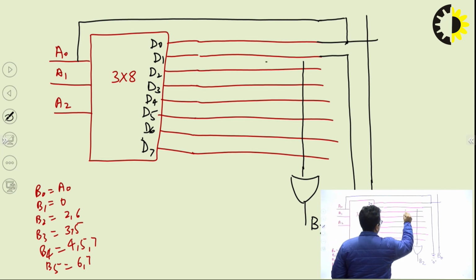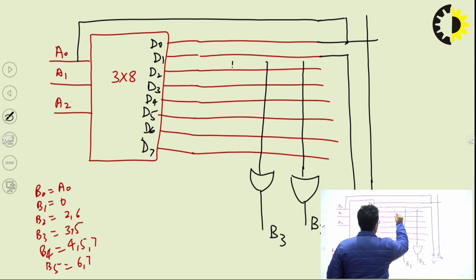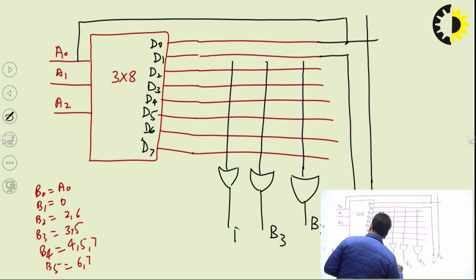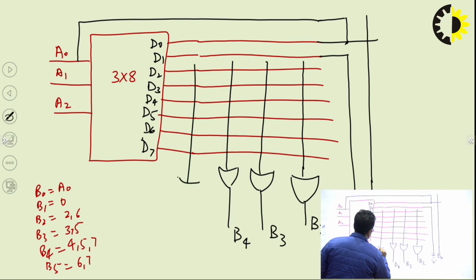We will use OR gates for B3, B4, and similarly B5.